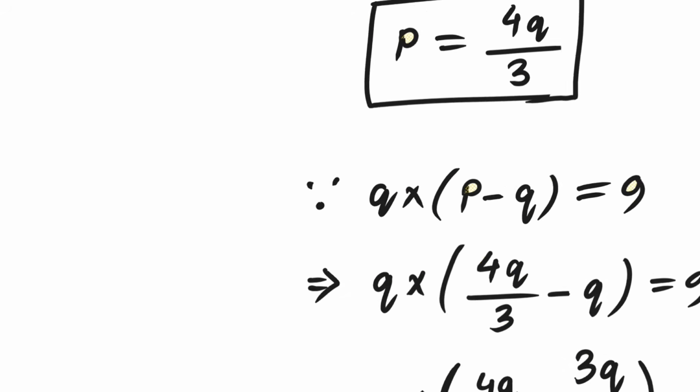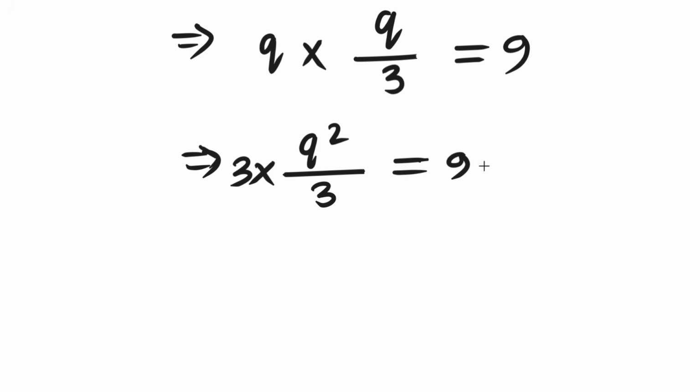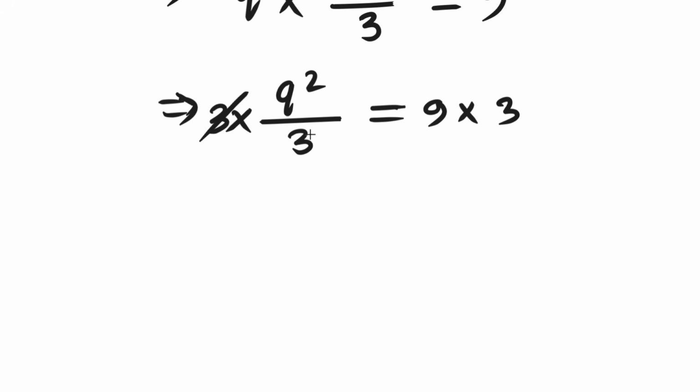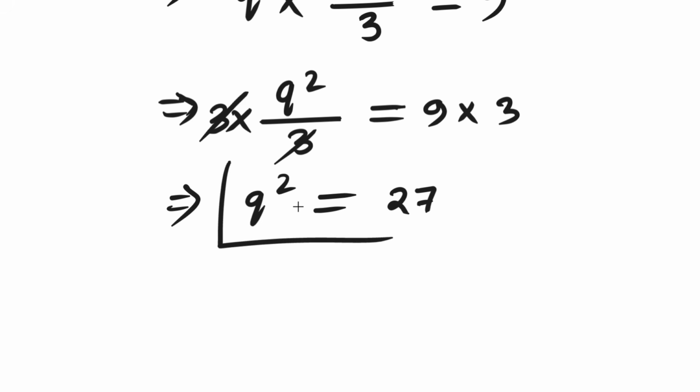To remove the division by 3, we multiply both sides of the equation by 3. On the left, 3 multiplied by q squared divided by 3 leaves us with q squared, because the 3 cancels with the denominator 3. On the right, 9 multiplied by 3 gives us 27. Therefore, q squared equals 27.